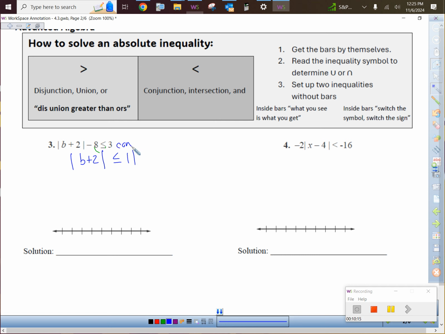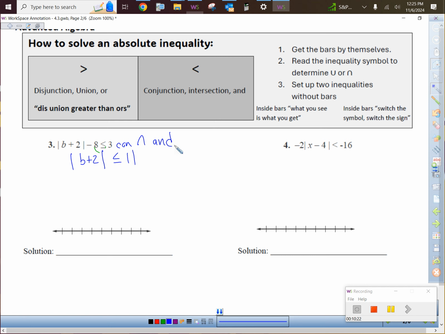The opposite of a union is an intersection, and the opposite of or is and. I don't come up with the second phrase of conjunction, intersection, less than and. I just remember disjunction, greater than, or, and if it doesn't work, it's the opposite of a disjunction, the opposite of a union, the opposite of an or. Are you cool with all that?